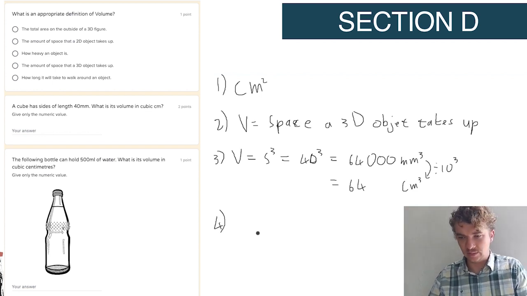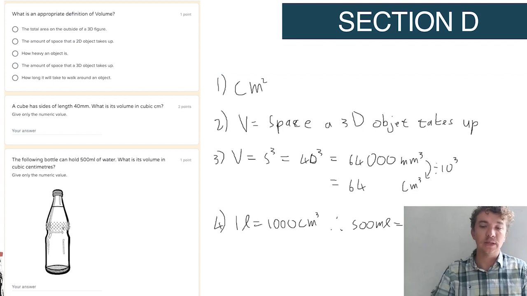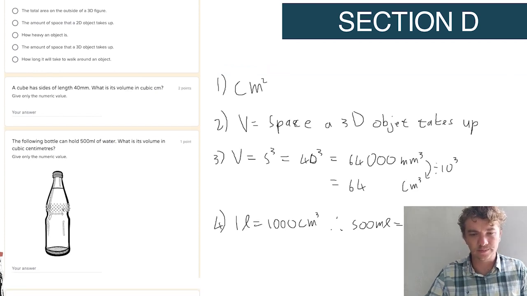Okay, so if 1 liter is equal to 1,000 cubic centimeters, then we know that 500 milliliters is equal to half a liter or 0.5 liters, and that is therefore equal to 500 cubic centimeters.